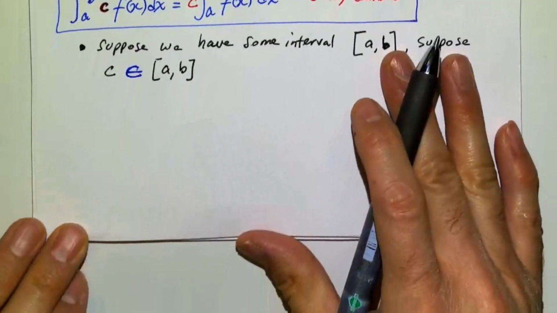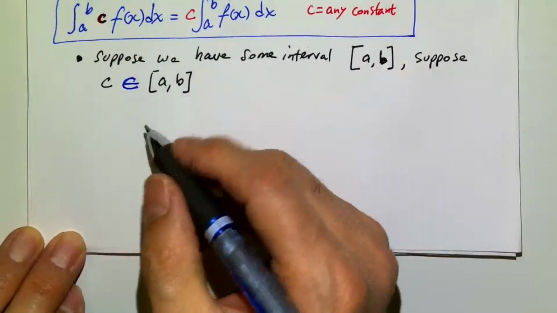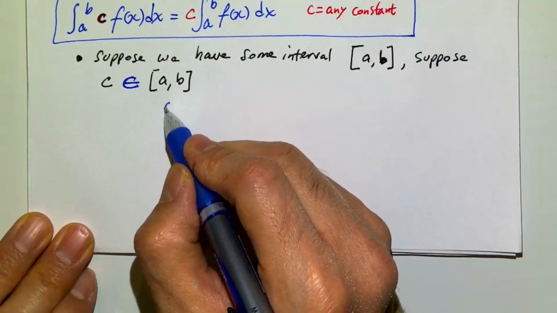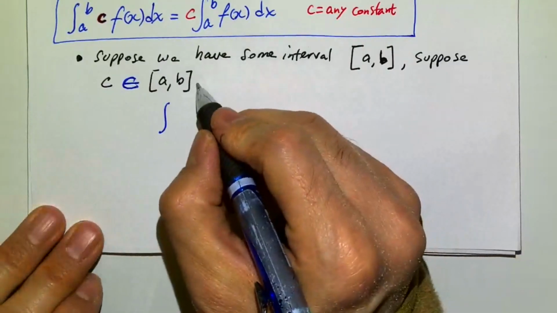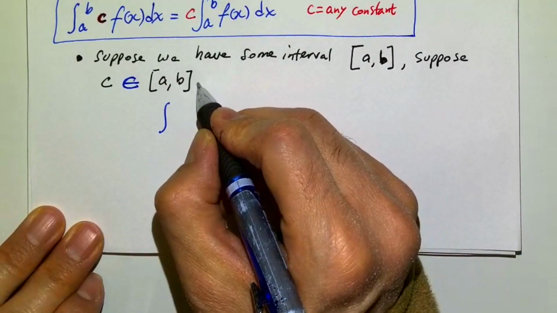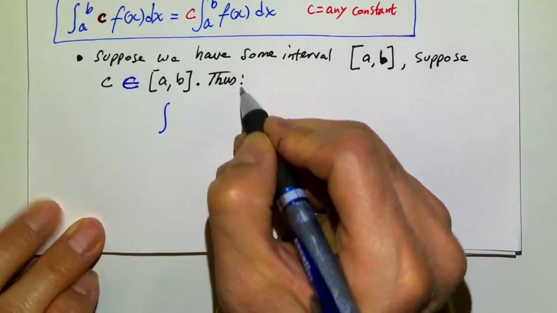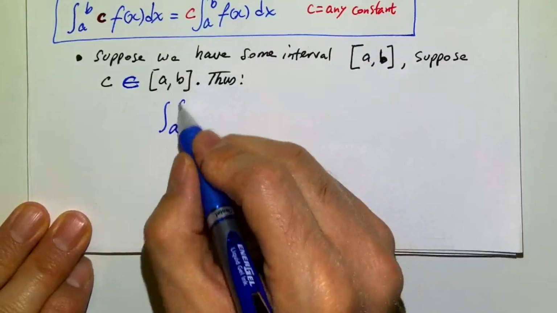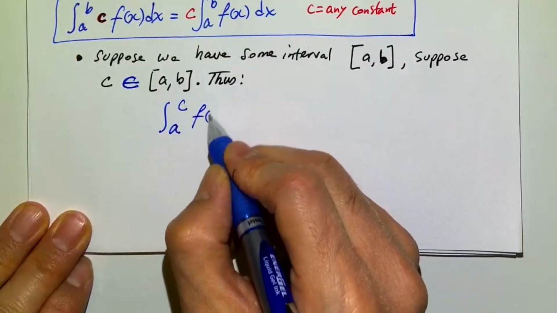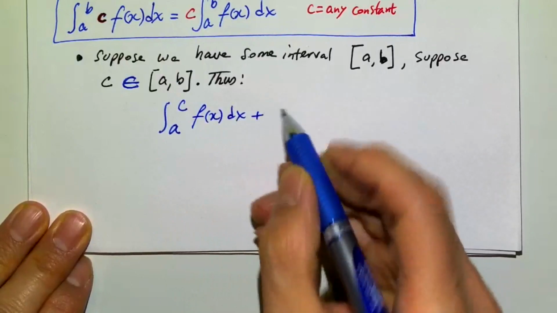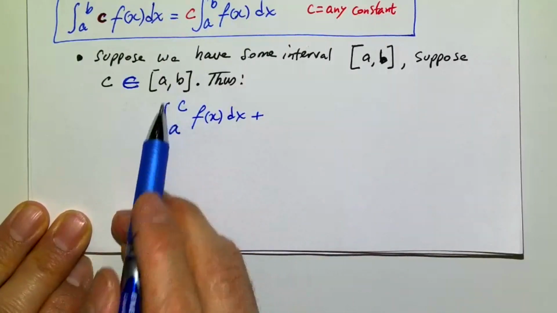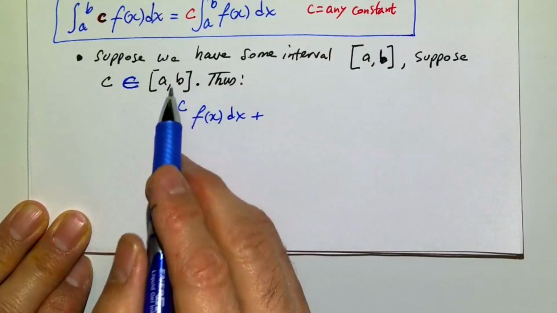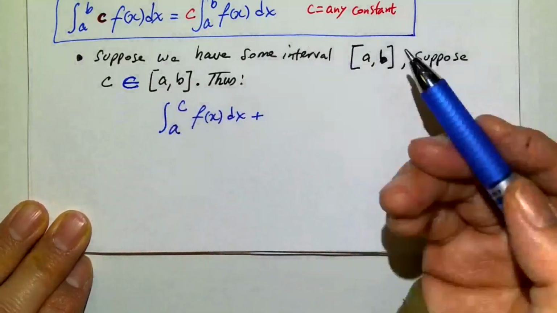If that's the case, then we can write this integral. We can say that, suppose that, then, or thus, this is what we can say. We can say a to c of f of x dx plus, so if c is in the middle, then a to c would be an area, and then plus from c to b, right?